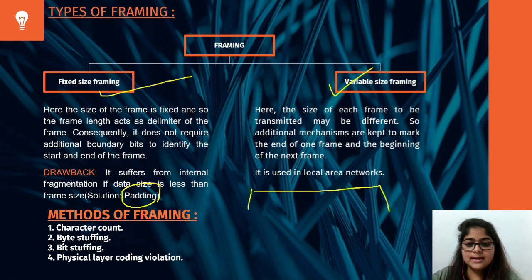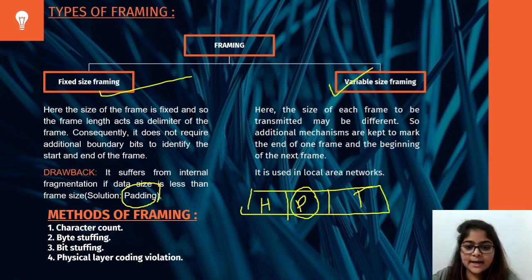As we have already seen, a frame consists of 3 parts mainly, that is header, packets and trailer. So in fixed size framing, size of all these frames remains constant, that is fixed. Whereas in variable size framing, size of packet varies.